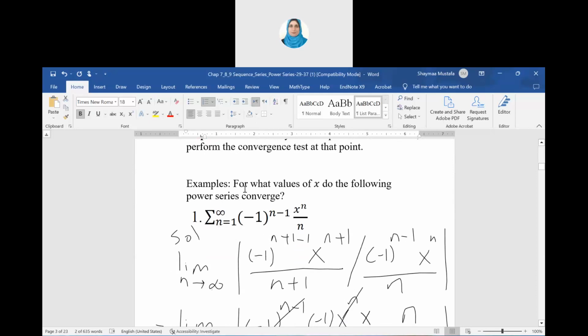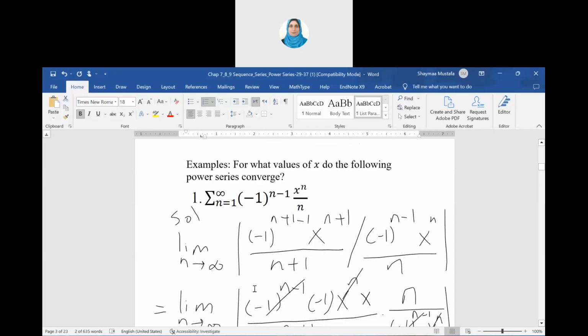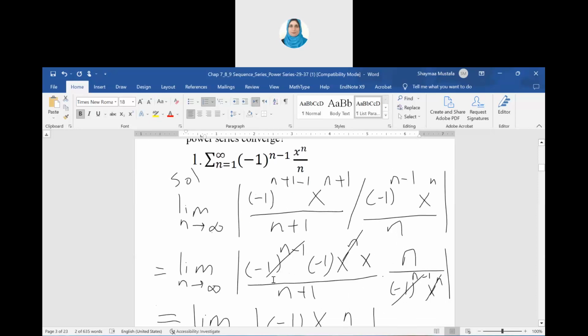For example, we have this power series with x to the power n. When you see x to the power n, this means this is a power series, an alternating power series. So apply the ratio test. By applying the ratio test, we have the term n plus 1 over the term n, a_(n+1) over a_n.